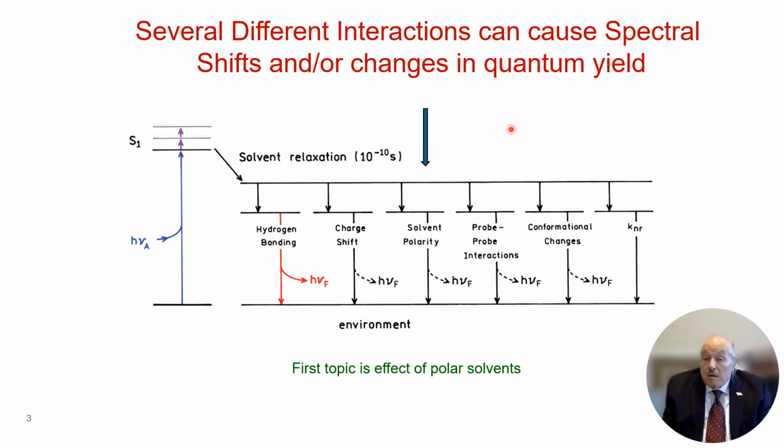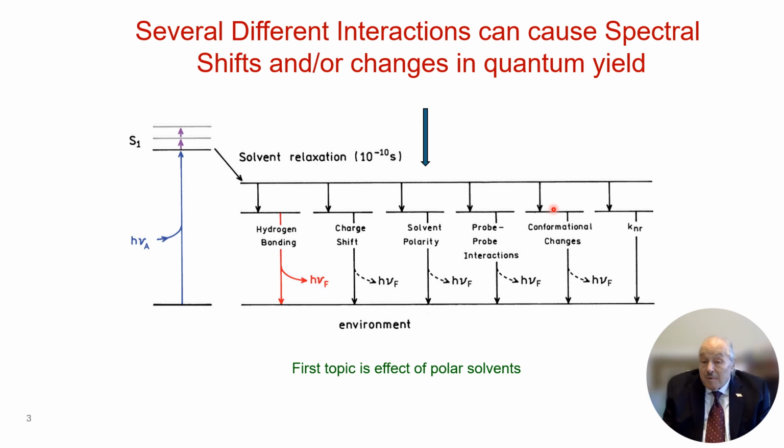Here are just some of the types of interactions that can affect fluorescence. The one we're going to talk about first today is solvent polarity, but other things that can affect an emission spectrum are hydrogen bonding, charge shift effects. Probes can interact with themselves.